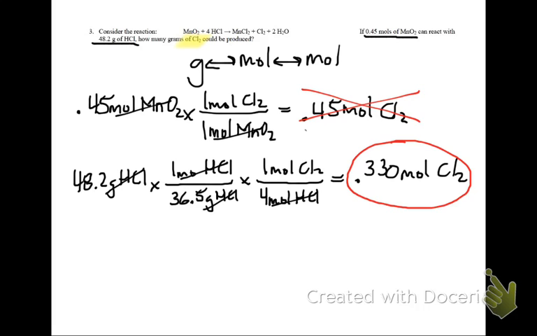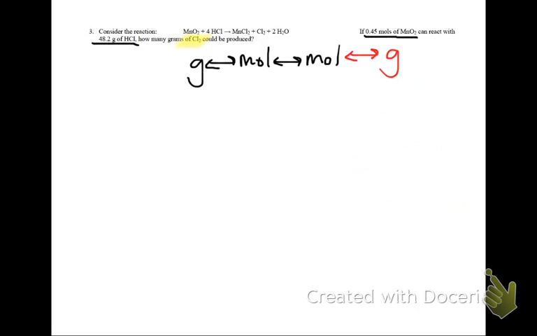Alright, so we've got the number of moles, but moles isn't really any good to us. We've got to convert that over to grams, so we're going to go that final step from moles to grams. Okay, so we can produce 0.330 moles of Cl2.